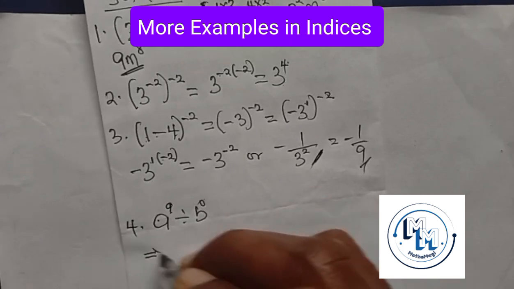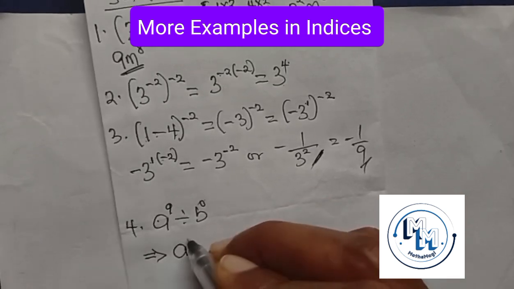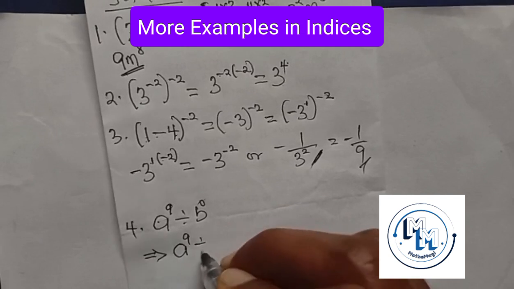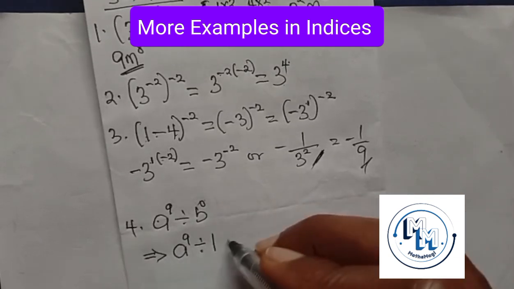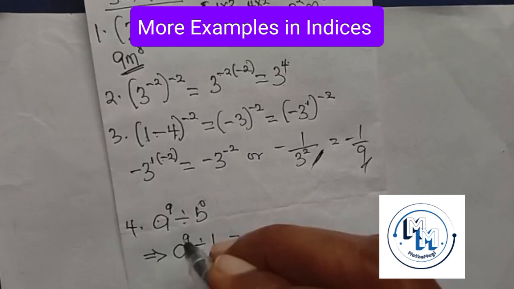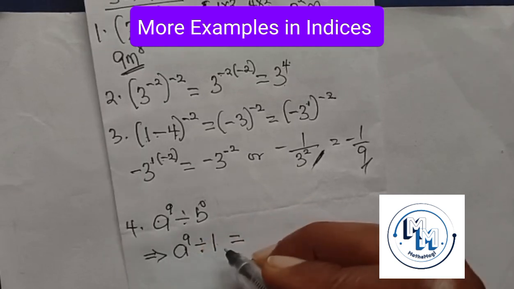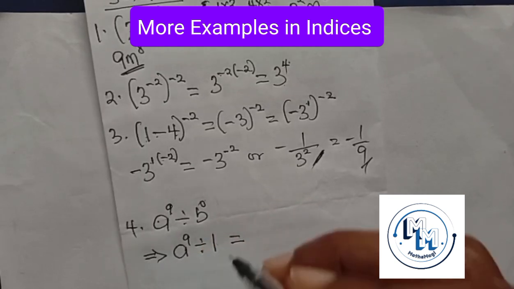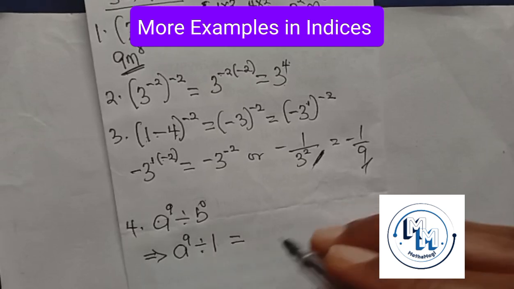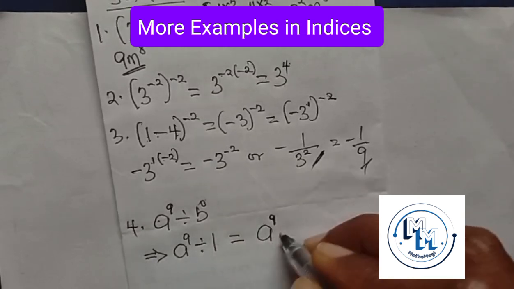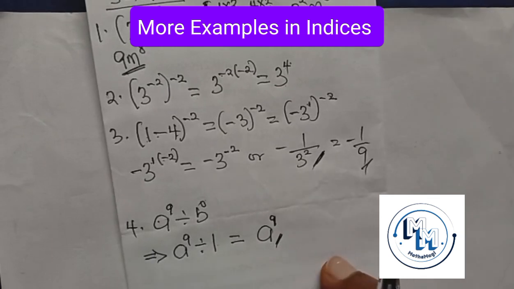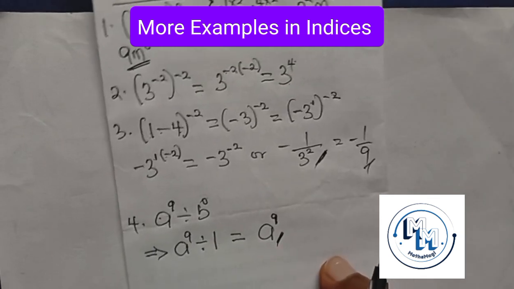So this can be written as a power 9 divided by 1. It's more like saying divide what is here by 1. And of course, anything you divide by 1 is that thing again. So I'm going to have a power 9. That's all for this. Hope you're actually following.